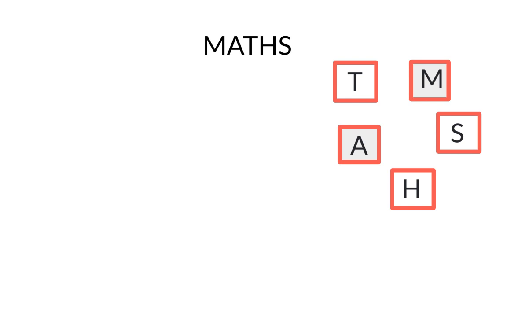So we have 5 letters that we need to arrange. If you think about it, you've got a word, mathematics, or just maths in short, and we have 1, 2, 3, 4, 5 different objects to arrange.